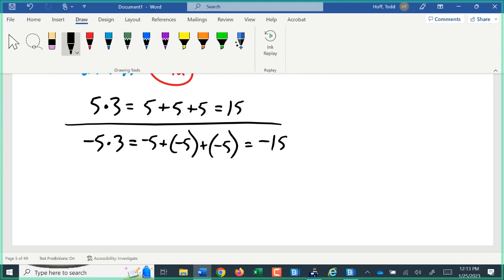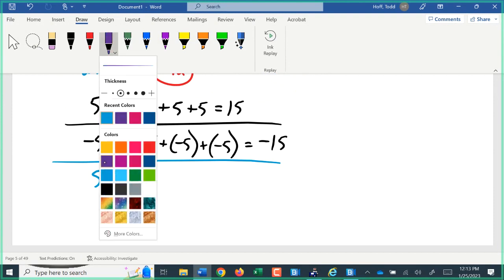The one that we have to do a little bit more work on is this one. 5 times a negative 3. We cannot take 5 and add it together negative 3 times. That doesn't make any sense.